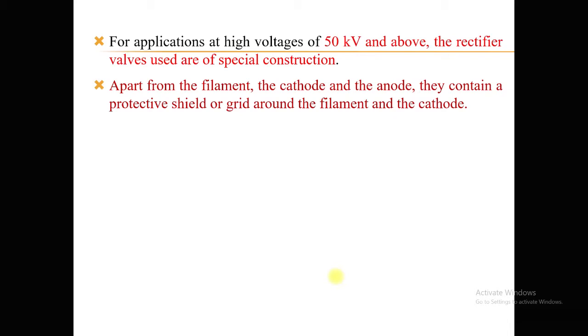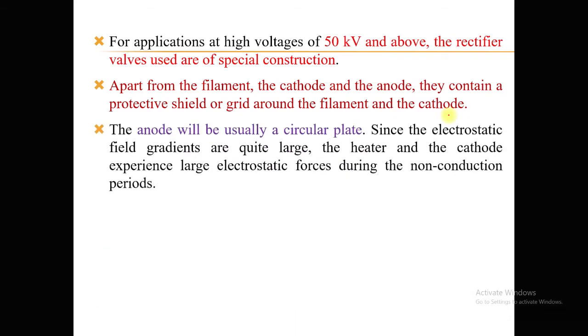So apart from the filament, usually you see the cathode and anode. They contain a protective shielding, or sometimes a grid, around the filament and the cathode. Now why is this shielding or grid generally provided? See, the anode is usually a circular plate. Now when the voltage is applied, there will always be electrostatic field gradients.